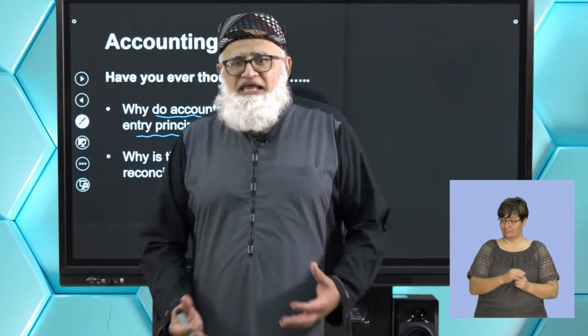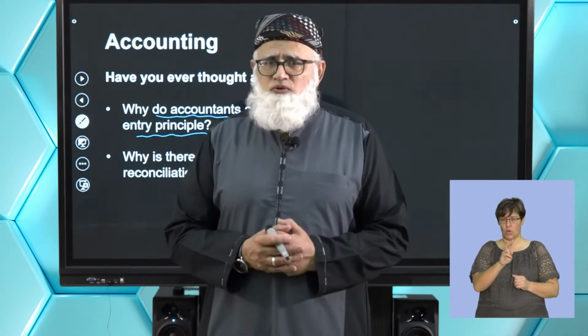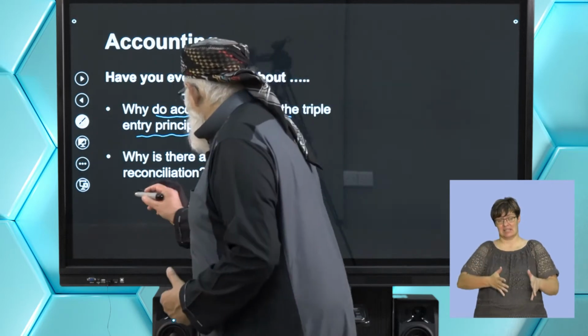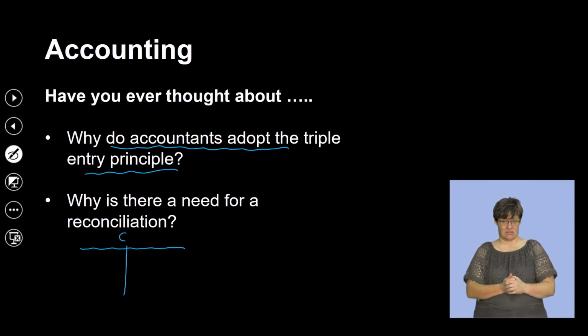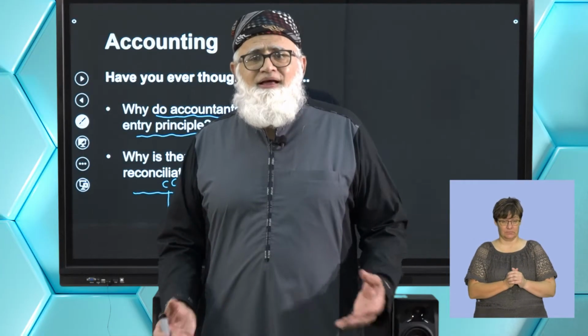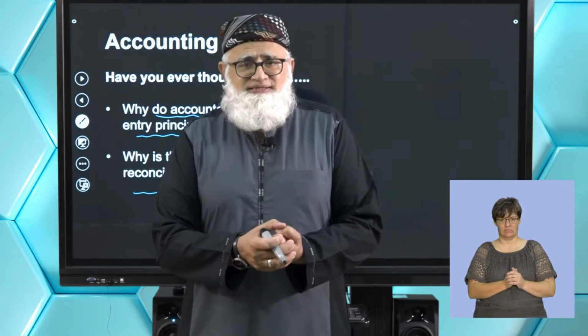So, if I look at my creditors control account, there's my creditors control account. It has a balance of 1,200,000. What does that figure indicate?